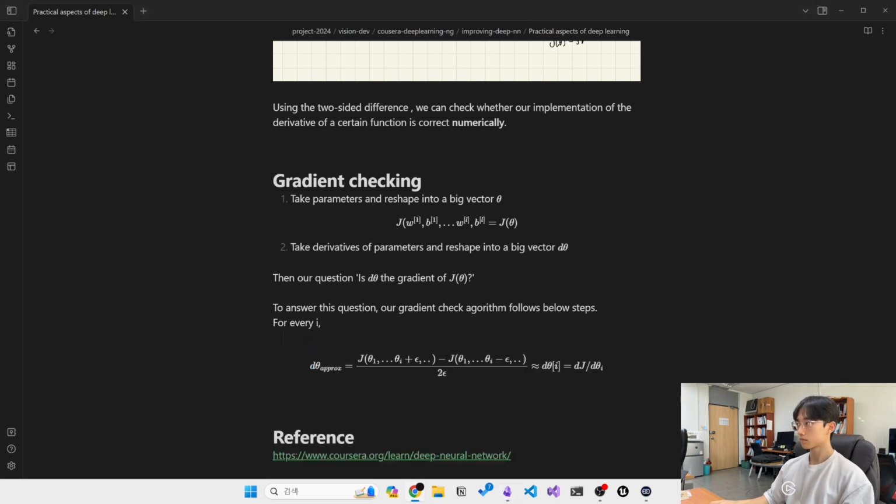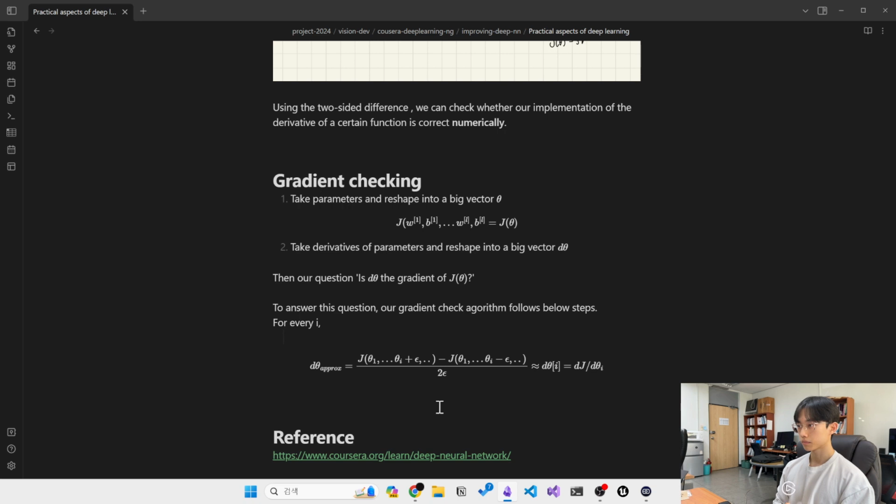In detail, how do you define whether or not two vectors are reasonably close to each other? What I do is the following. I compute the Euclidean distance between these two vectors, d theta approx minus d theta, so just the L2 norm of this. Notice there's no square on top, so this is the sum of squares of elements of the differences, and then you take a square root to get the Euclidean distance.